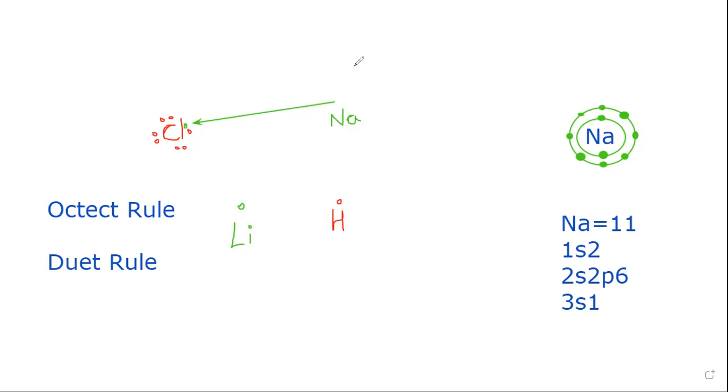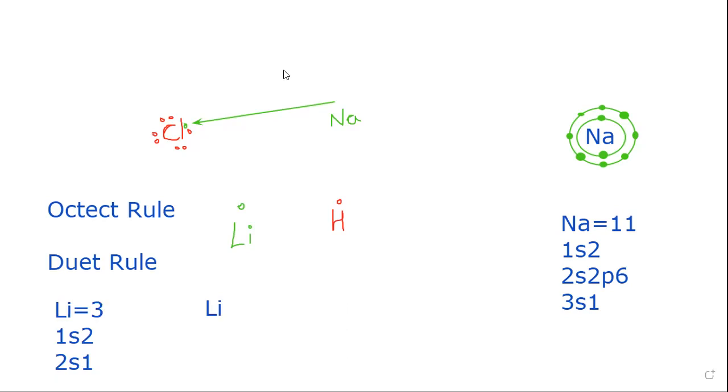Let me explain something to you. Before I do this, let me draw the Bohr structure for lithium. Lithium has, and let me do the electron configuration for it, 1s2, 2s1. Remember that lithium has only 3 total electrons. Let me put this to the side so that you can see the rest.